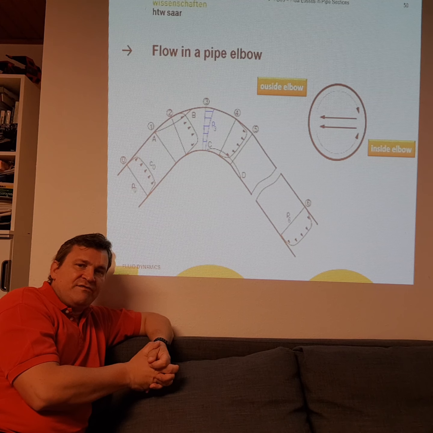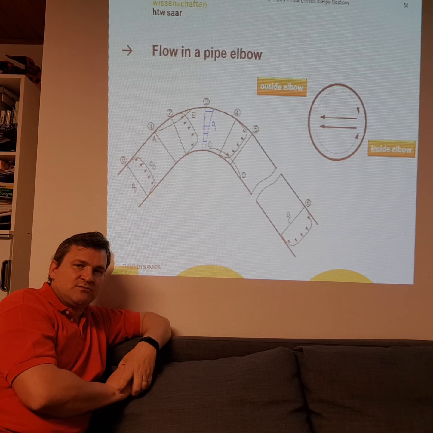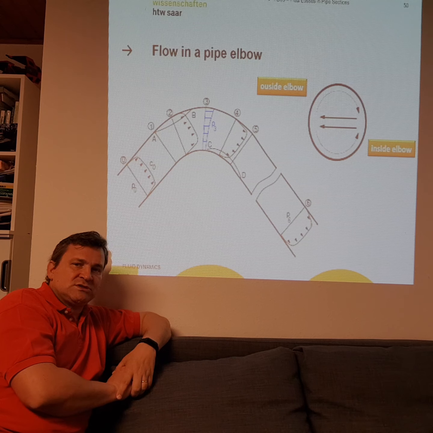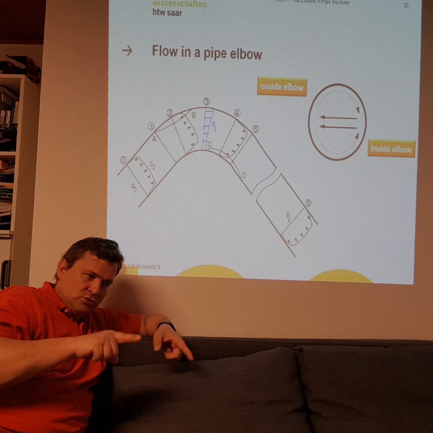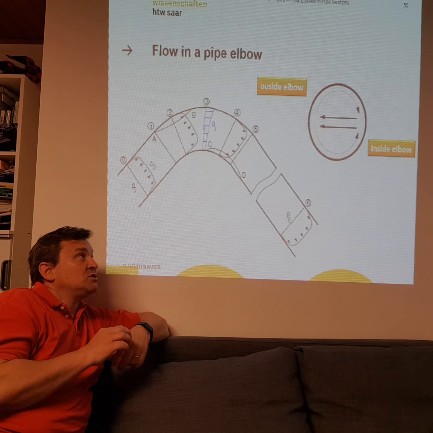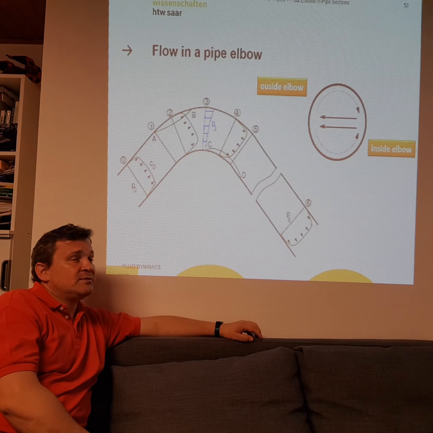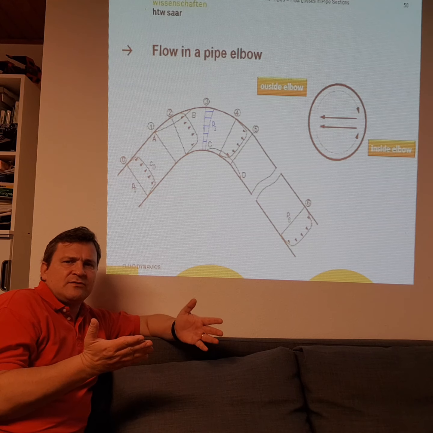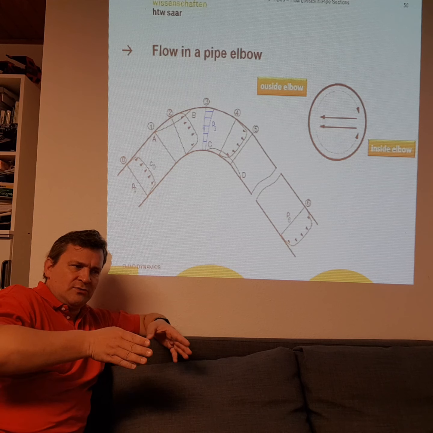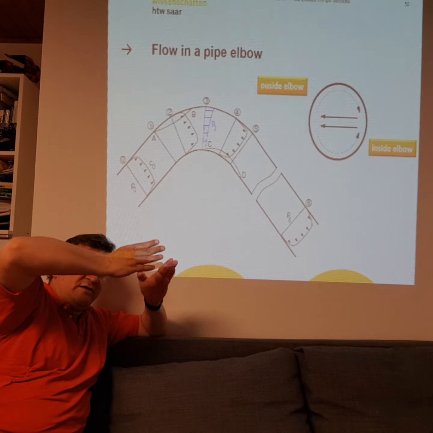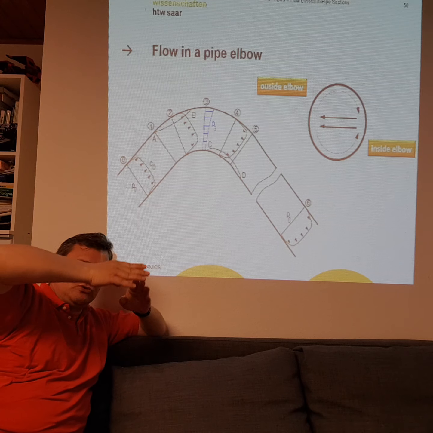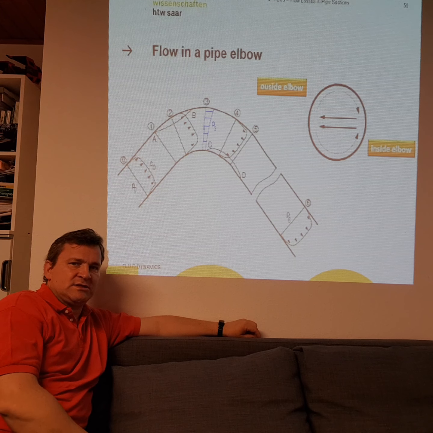You will never have one single swirl. If you have swirls, you always have two different swirls. It always looks a bit like a mushroom. You always will have one high flow region in the middle, and then two swirls at the side.